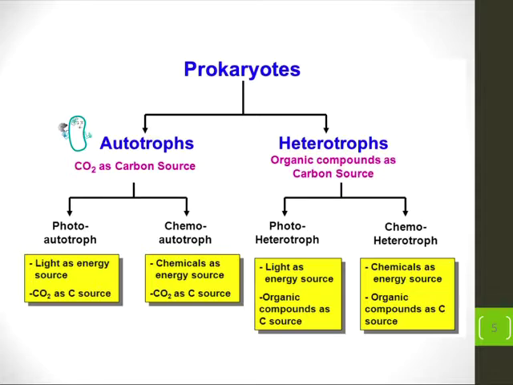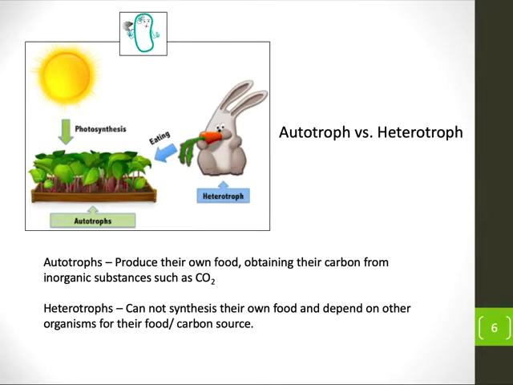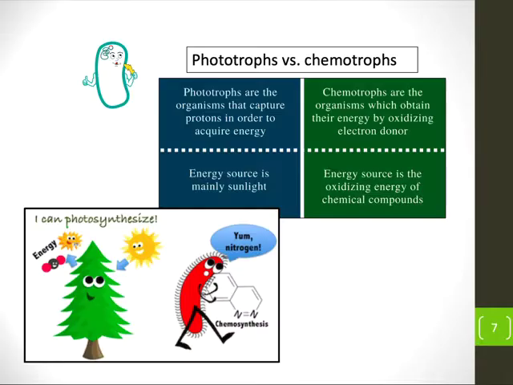The same way we can group the heterotrophs, which rely on organic compounds as a source of carbon, into photoheterotrophs and chemoheterotrophs. Photo will use light, chemo will use chemicals as their source of energy. So autotrophs will produce their own food by obtaining carbon from inorganic substances. Heterotrophs cannot synthesize their own food, so they have to depend on other organisms for their source of carbon.